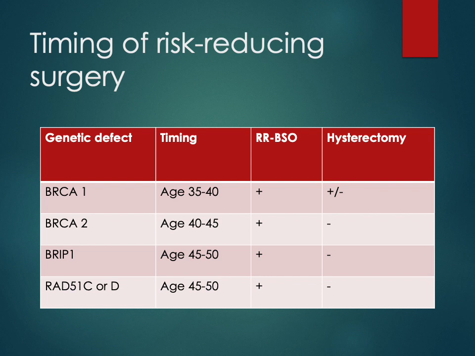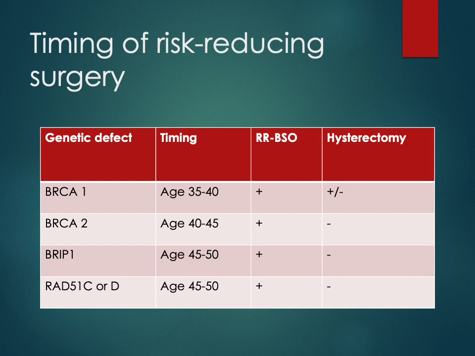And then for these rare mutations, so the BRIP1s and the RAD51Cs or Ds, these are a little less well known, but are hereditary ovarian cancer mutations. The timing of risk-reducing BSO is a little bit later, age 40 to 45.